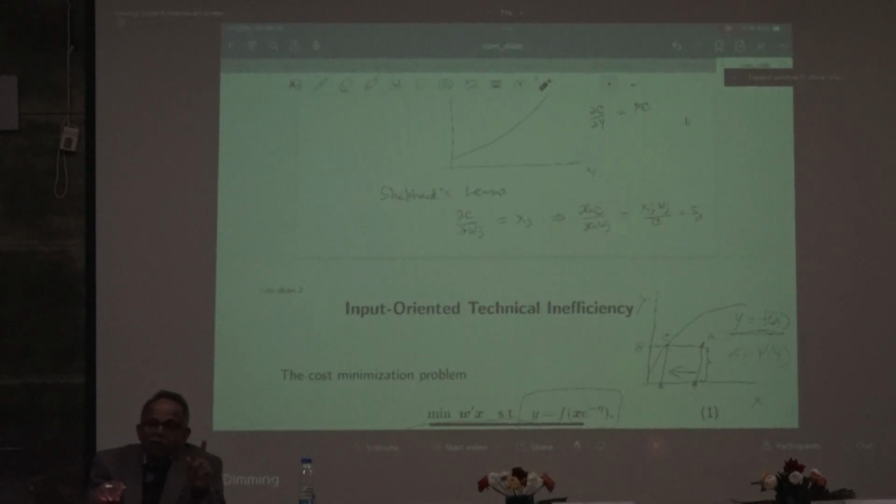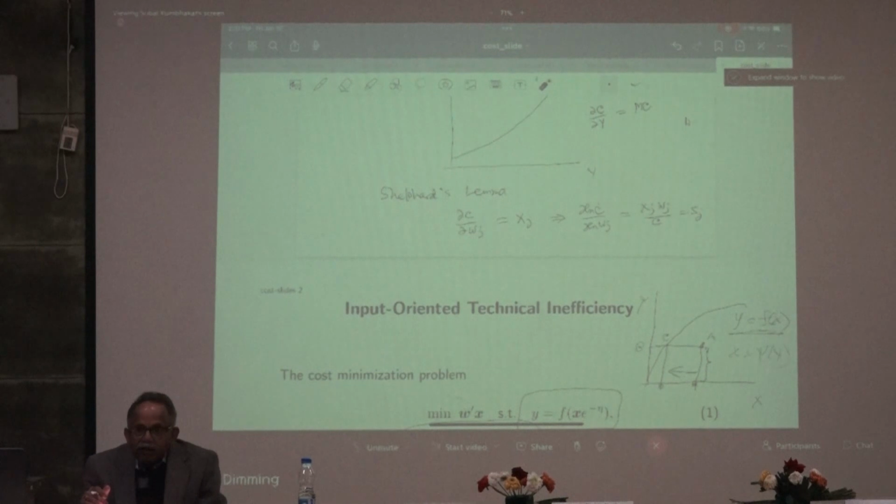The difference is that x before is replaced by x times e to the power minus eta. So whenever you saw x before, you just think in terms of x times e to the power minus eta. So this is input adjusted for inefficiency.